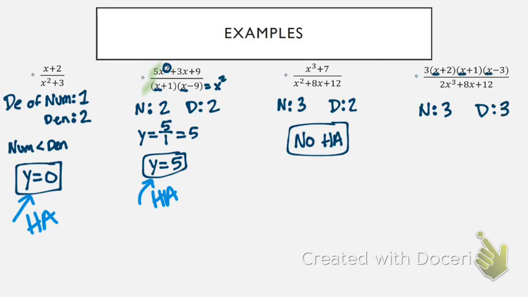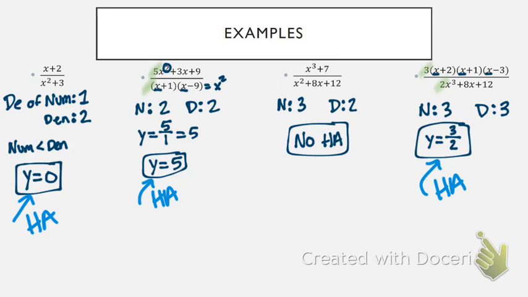And if the degrees are the same, we divide the coefficients. The coefficient of the numerator is 3. The coefficient of the denominator is 2. So my horizontal asymptote is going to happen at 3 over 2, which is just 1.5 if you're a decimal person.